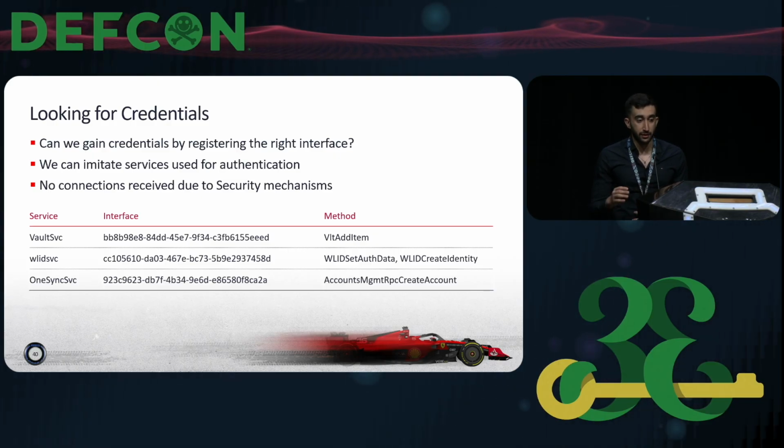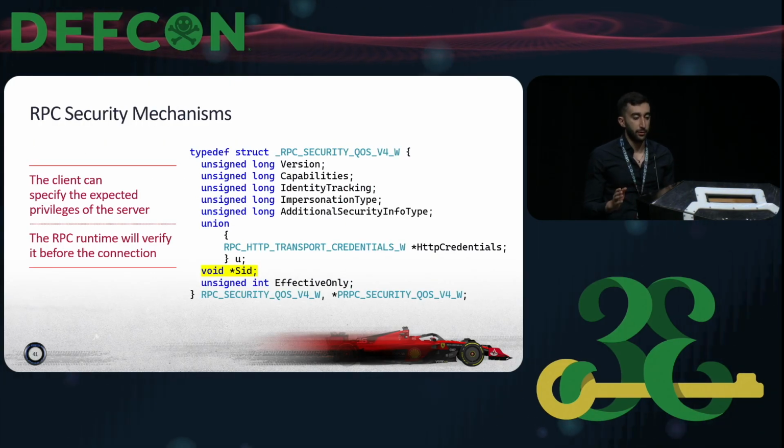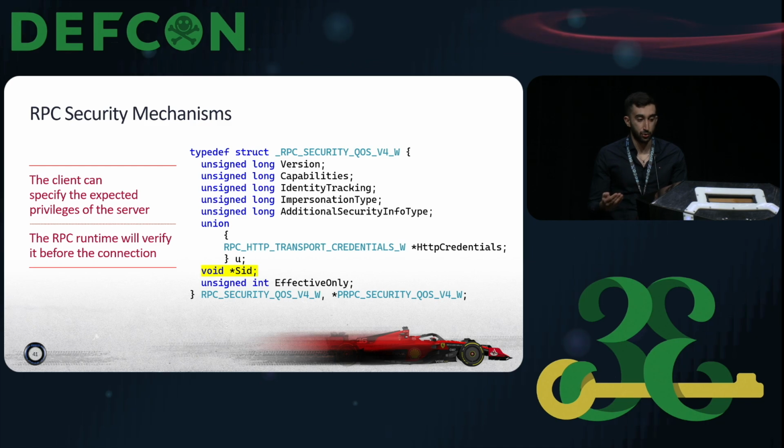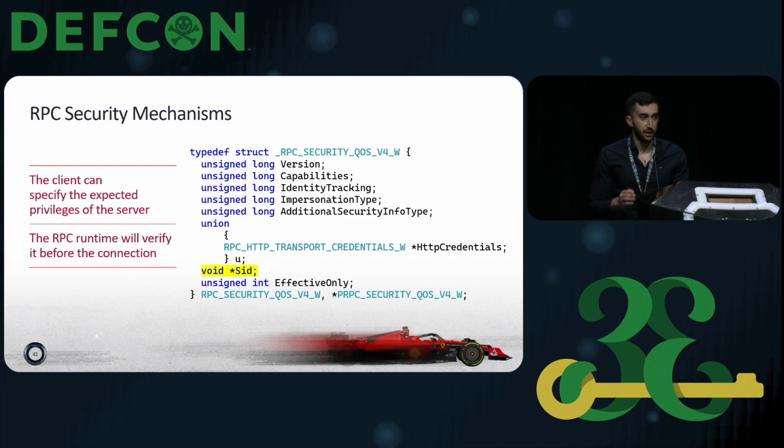This is because of another security mechanism. One of the properties a binding handle can have is security quality of service. If the client is expecting the server to run as NT AUTHORITY\SYSTEM, it can specify its security identifier, and that will prevent a connection to a server running as another user. This is what the RPC clients did, and this is why they didn't connect to me.